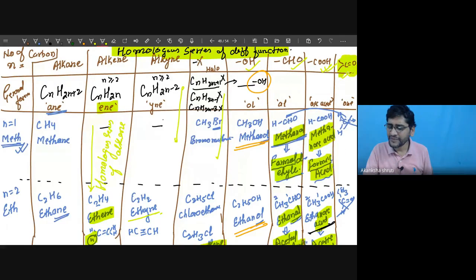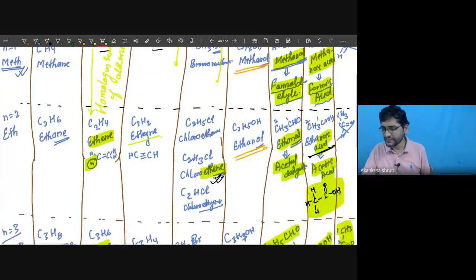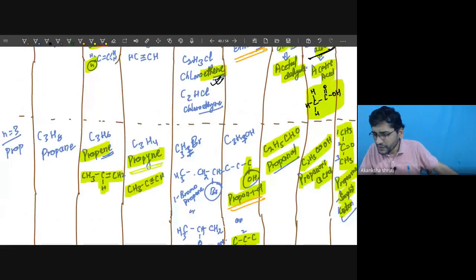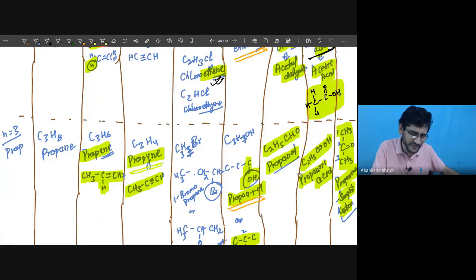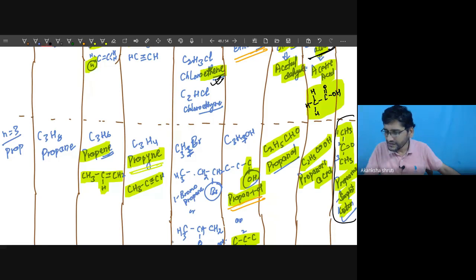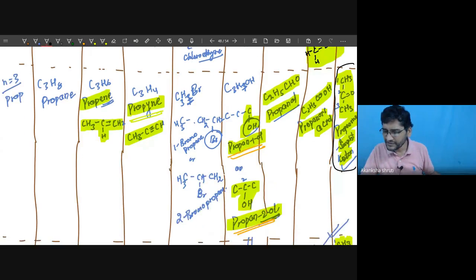For the ketone, what is the fundamental member or basic member, students? It is propanone. This is the fundamental member or basic member. Are you getting it, students? This is asked many times: what is the basic member or first member of the ketone homologous series?